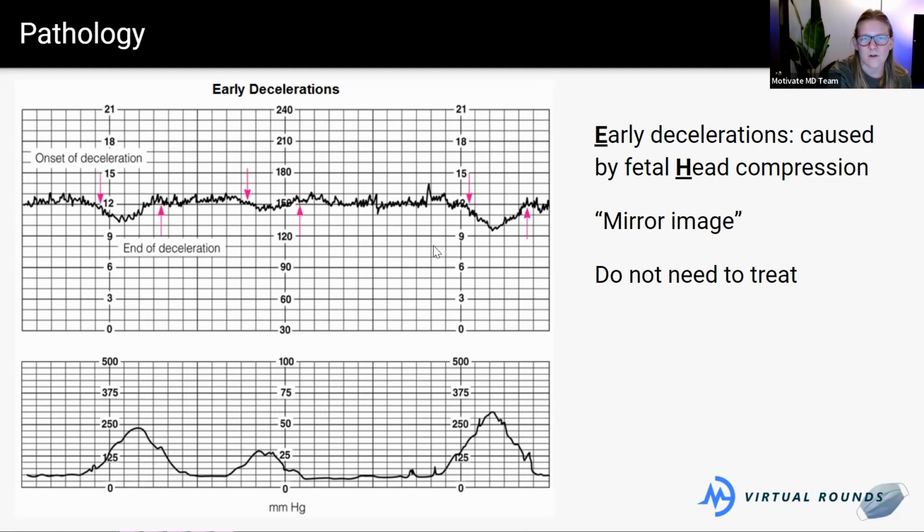But it's not going to affect the outcome of the birth. The baby's health is not in jeopardy. I don't know the mechanism for why, if the head's being compressed, it affects their heart rate, but that's just how it is. So this is another one of those non-concerning patterns that we see and that we don't have to do anything about.